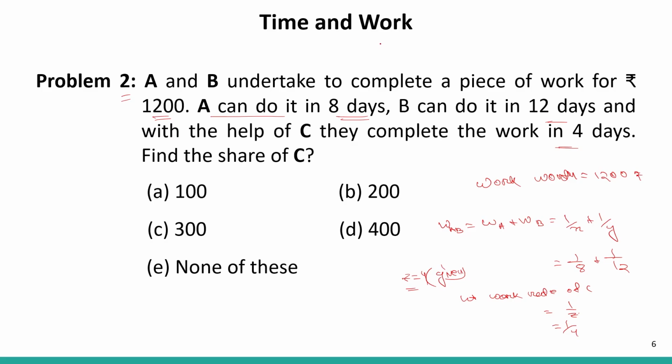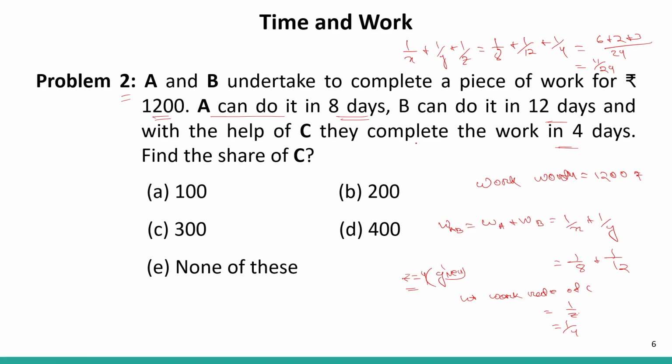So the combined work rate is 1 by x plus 1 by y plus 1 by z, which will be equal to 1 by 8 plus 1 by 12 plus 1 by 4. Taking the LCM of 4, 12 and 8, we are left with 24. So it will be 6 plus 2 plus 3, that is 9 plus 2, so 11 by 24 will be their combined work rate.